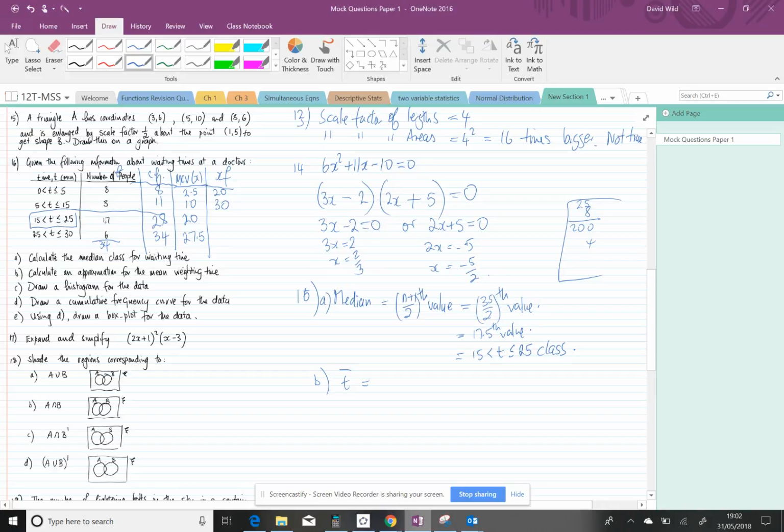And then 17 times 20 is 340, and 6 times 27.5. Okay, 27.5 times 6. 6 fives are 30, carry 3. 7 sixes are 42, plus the 3 makes 45, 5 carry 4. 2 sixes are 12, plus the 4 is 16, so 165.